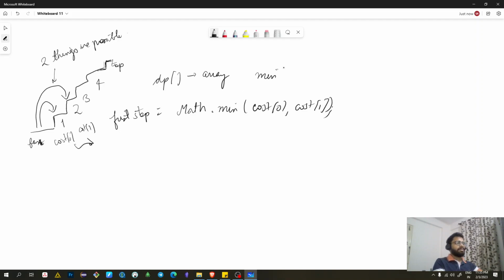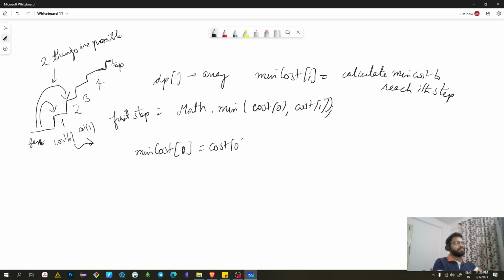So if we have a minimum cost array to calculate the minimum cost to reach the ith step, what we do know is that the minimum cost to reach the first step will obviously be the cost of the first step, and the minimum cost to reach the second step will be the cost of the second step.